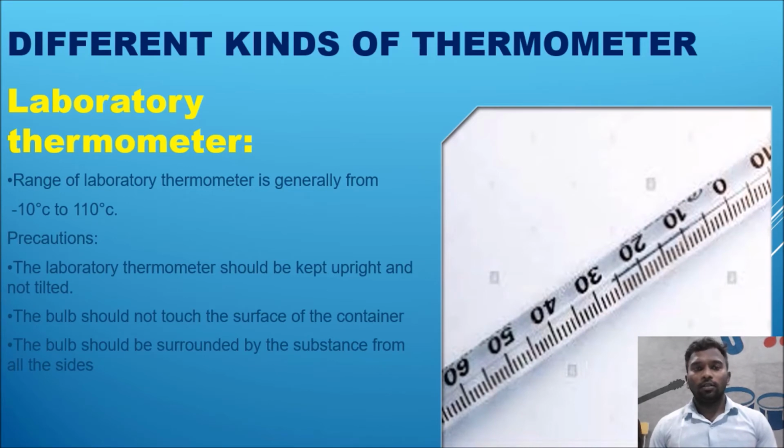Here is the next topic, that is different kinds of thermometer. In this topic especially we are going to learn about the laboratory thermometer. This laboratory thermometer is similar to the clinical thermometer, but its range is different.